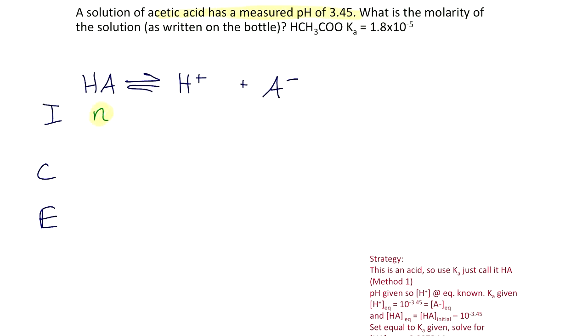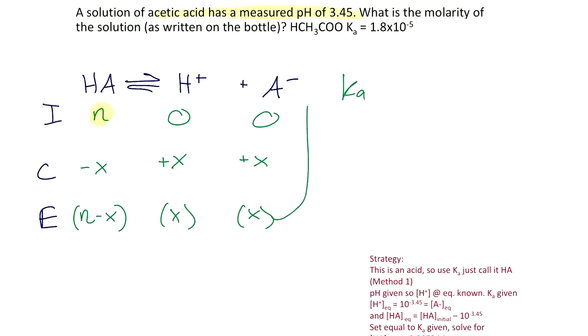But let's still go ahead and do the ICE table as normal, as if we knew what N was. We're still going to lose a little bit of HA, gain a little bit of our products. So at equilibrium, we're going to have N minus X amount of HA, X amount of H plus, X amount of A minus. So this looks exactly the same as it always has.